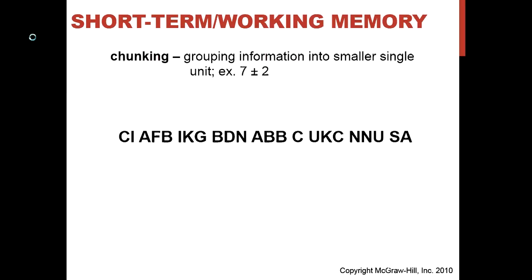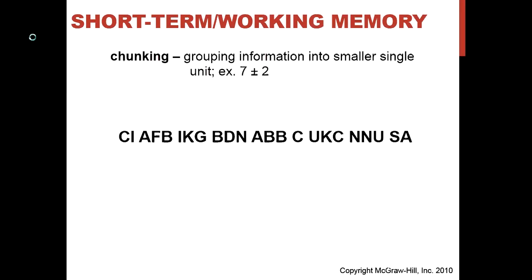Now, you might notice that you don't remember a whole lot of them, but perhaps if you looked at this series of letters a little bit more carefully, you'll notice something about them. They're chunked differently from how we would potentially chunk them.